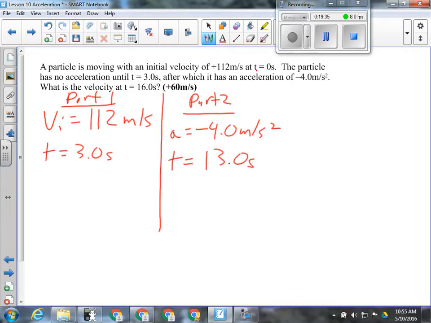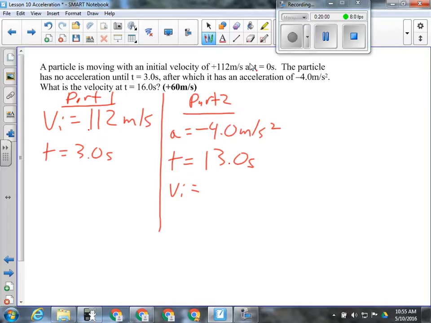How fast am I going when I start part 2? This fast, right? Because I travel at a constant velocity for 3 seconds. So this is not a test your math ability question. I know you guys can do that part of it. This is a reading comprehension question. Unfortunately, a lot of physics comes down to being able to read the question and interpret what's going on.